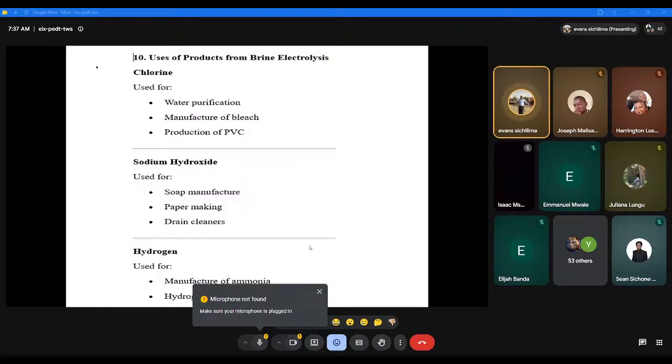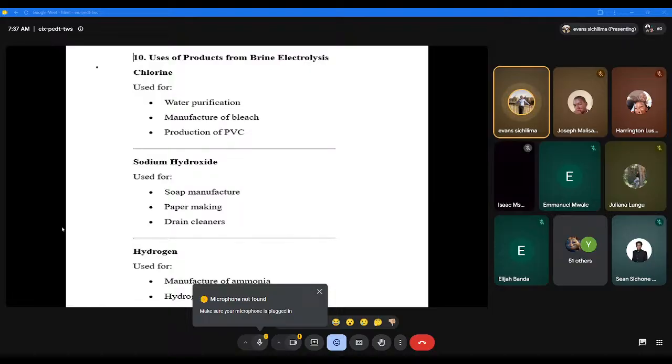Okay, if you look at purification of water, that's a large scale application or use, because we have almost everyone, even at the water distribution facility, they use these at a large scale. So in talk of production of polyvinyl chloride, we're talking about a huge industry that produces all the plastics that you see around here, and the pipes and everything that are made of the plastics.